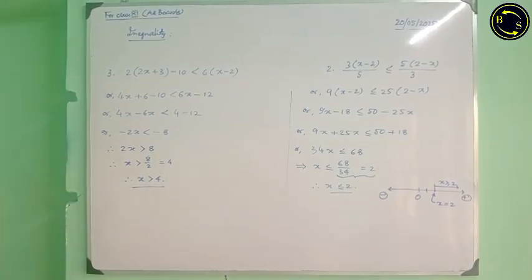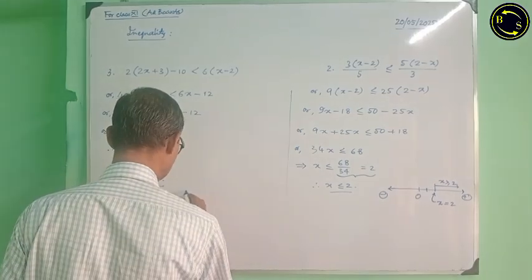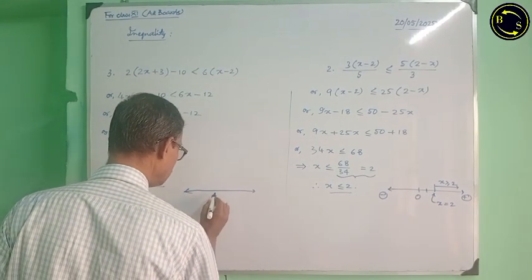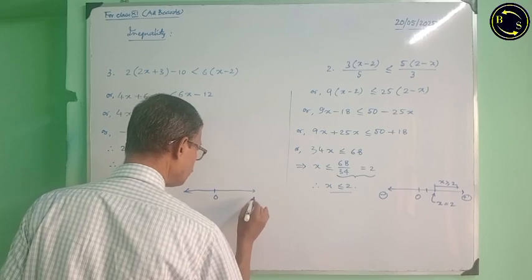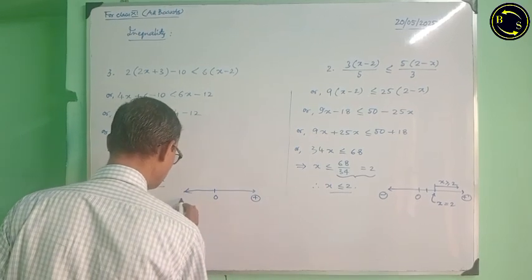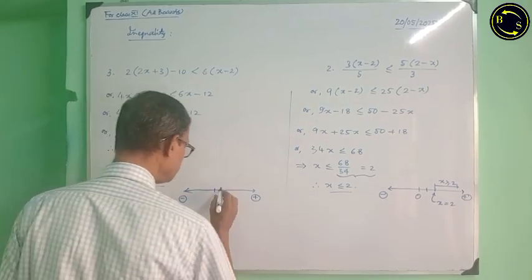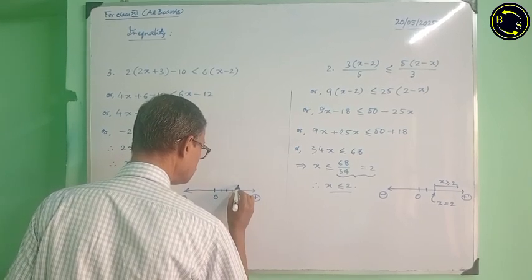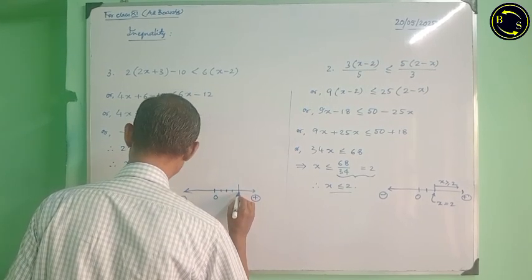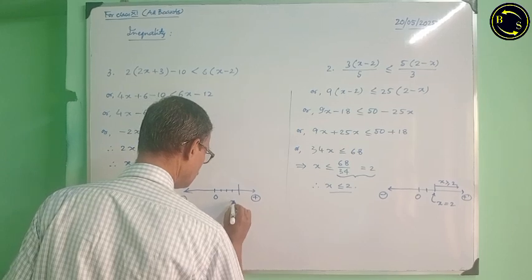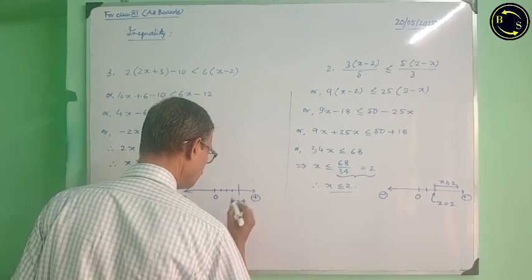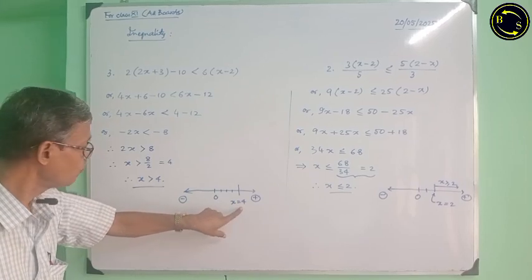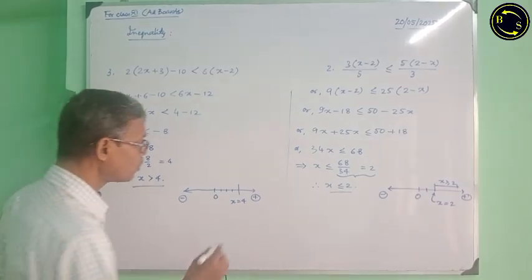Now, if we represent that on the number line, this point represents x is equal to 4. Here x greater than 4.